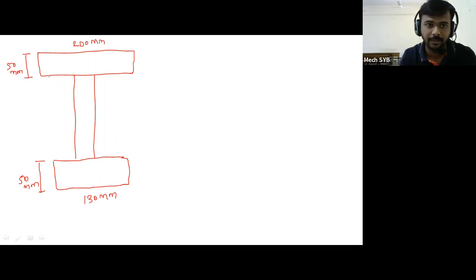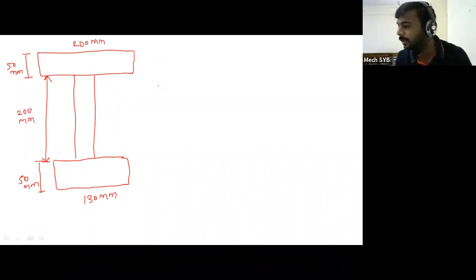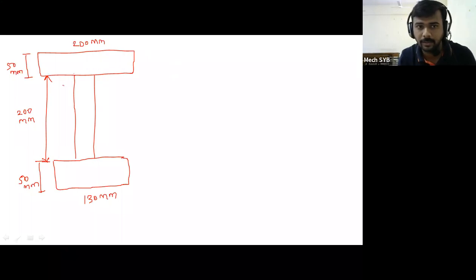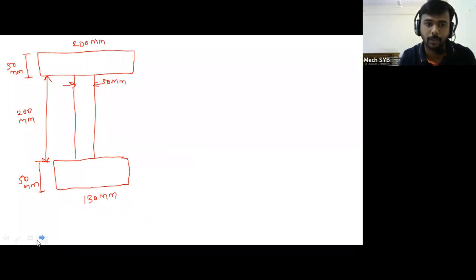And this distance, this to this, it is equal to again 200 mm. Web width, so this is again 50 mm. So this is your section number 1 as a rectangle. This is your section number 2, second rectangle, and this is your section number 3, third rectangle.